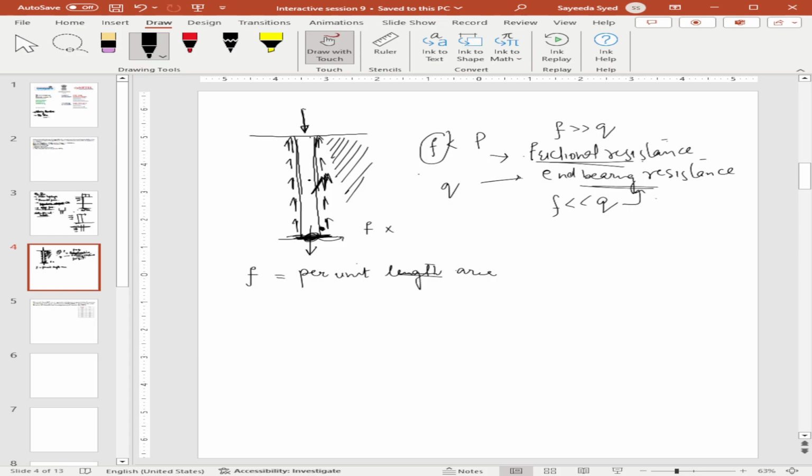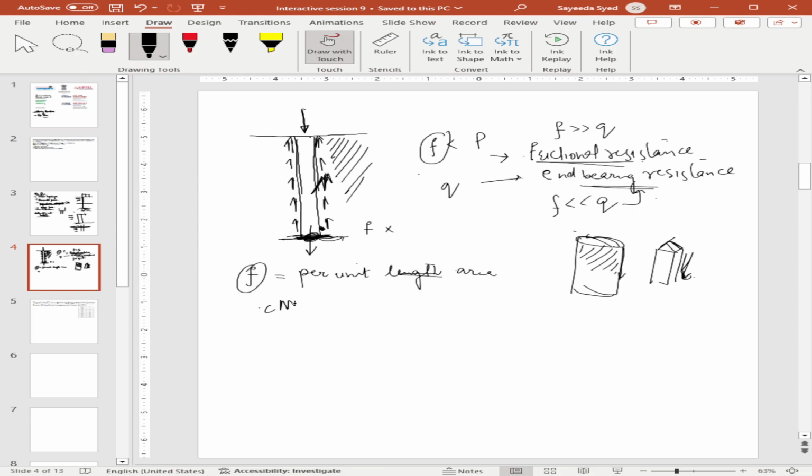For end bearing resistance, we do exactly what we do in the shallow foundation case. We go with the bearing capacity formula, which is cNc plus qNq plus half B gamma N gamma. Here B is very small compared to the length.